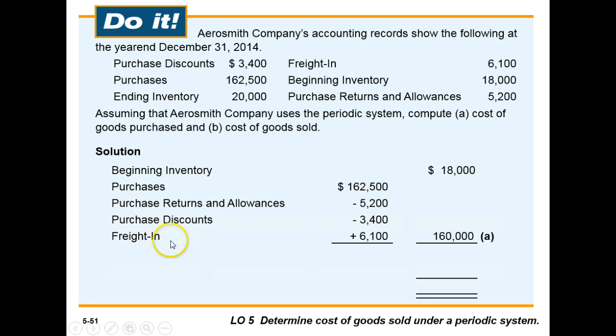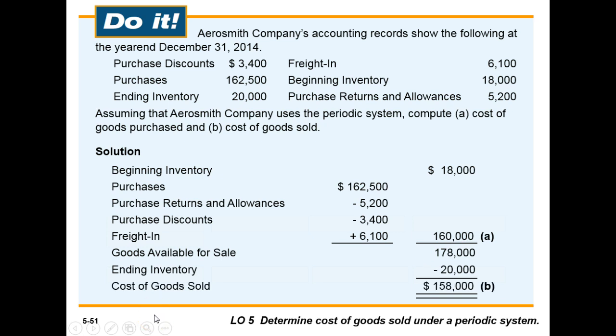Then we have to add our freight in. Then it tells us everything that's available for sale. But then they tell us what our ending inventory is, don't they? So we take all these figures. If we subtract from that our ending inventory, that's how we determine our cost of goods sold.